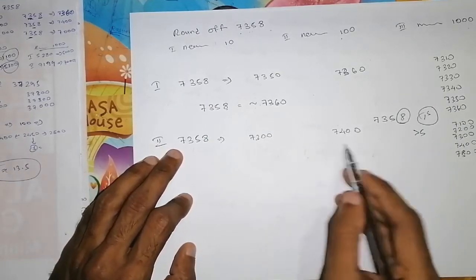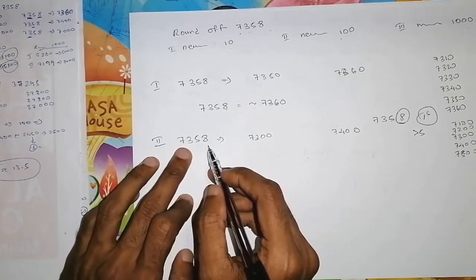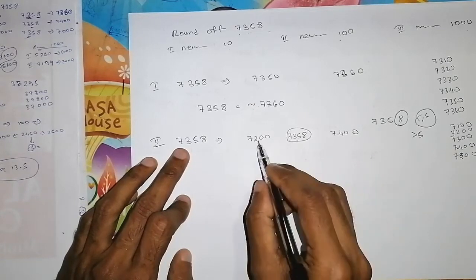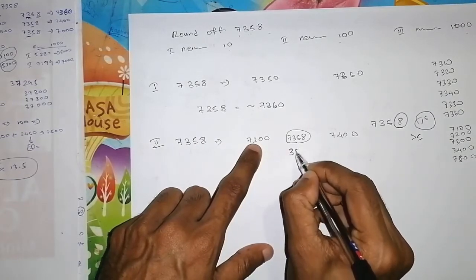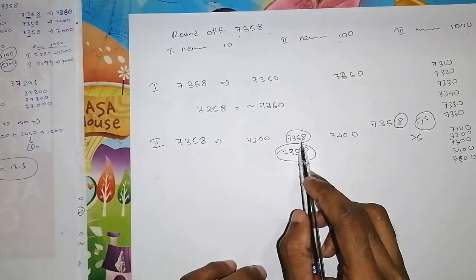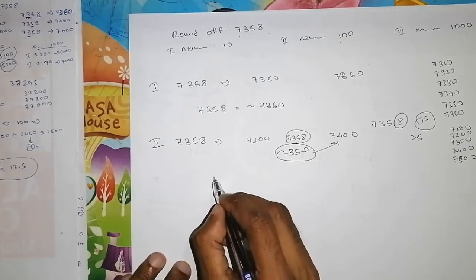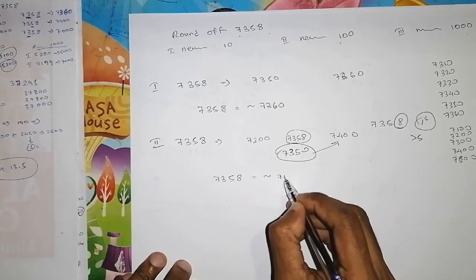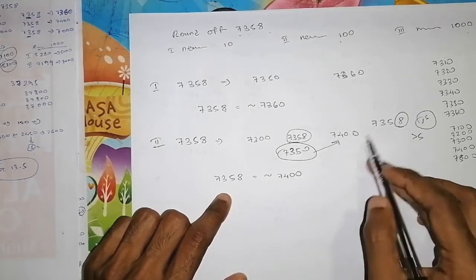The half is 7350, so it is past the halfway point. So it is nearest to 7400. If you round off 7358, it is 7400 because it passed the half.